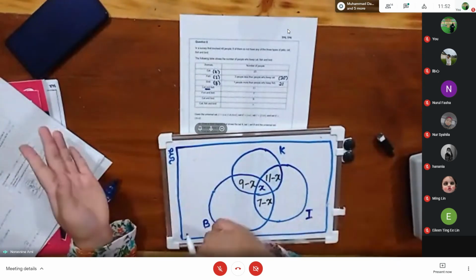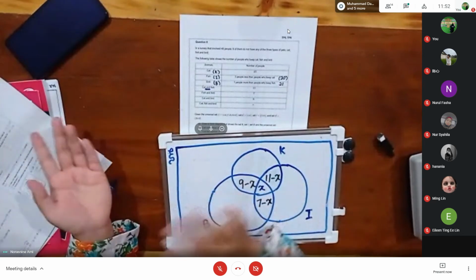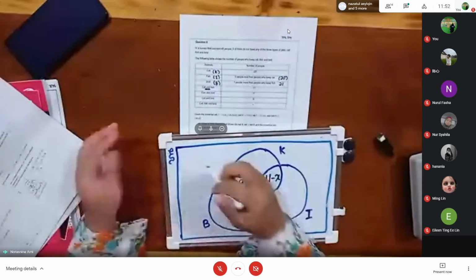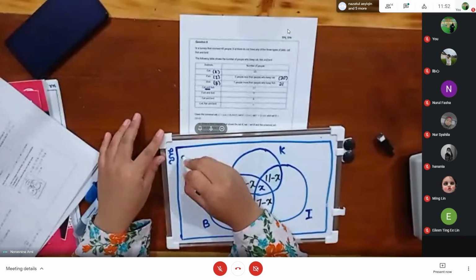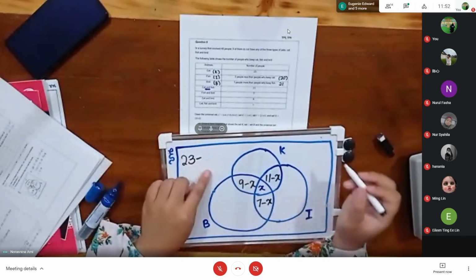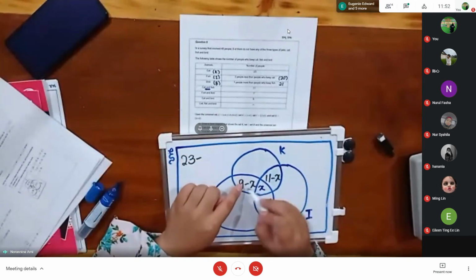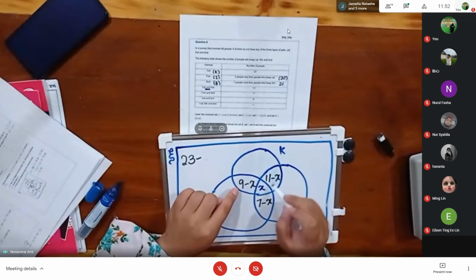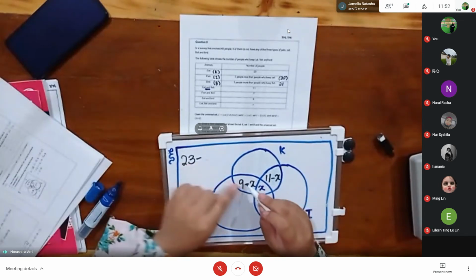Same as the last question, we minus from the total number, which is 23, this intersection part. There are 3 intersection parts.